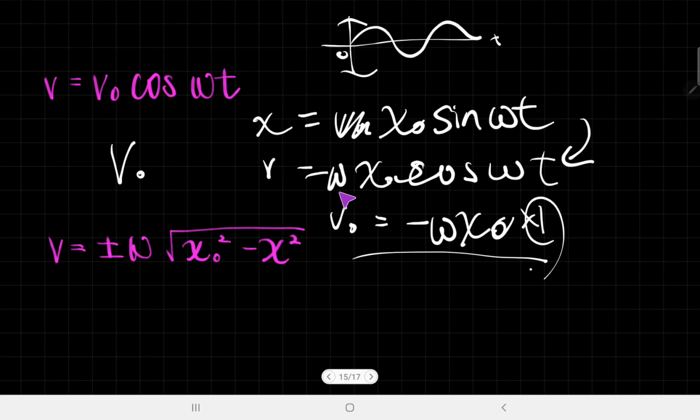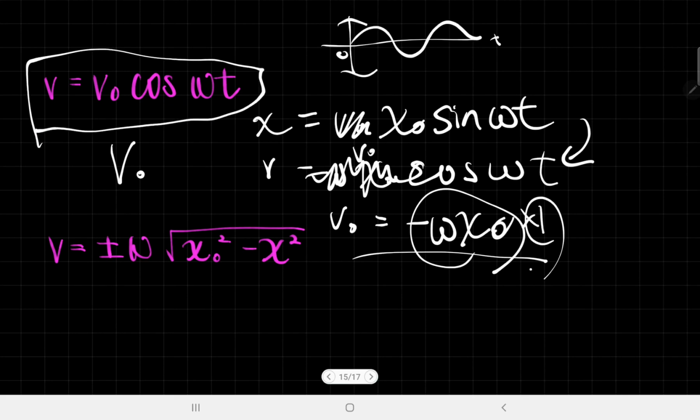So because we have omega and then the maximum displacement, and we know that this is that, we can say this is actually, no, this is just v0. And that's where we get the equation v equals the maximum velocity, which is also the velocity you're going to get when you're moving through equilibrium position, times cosine omega t.